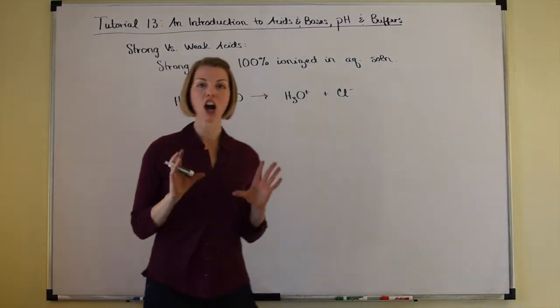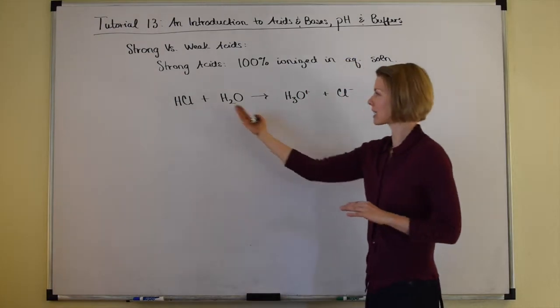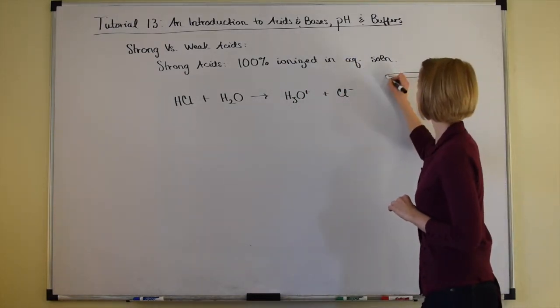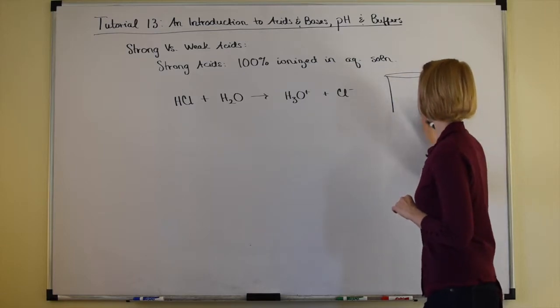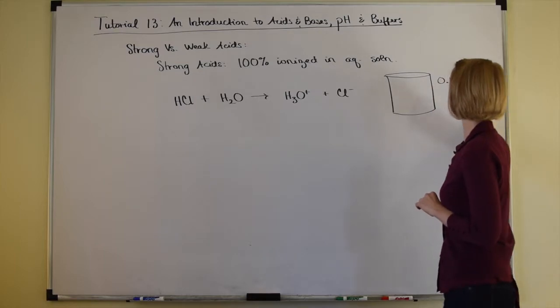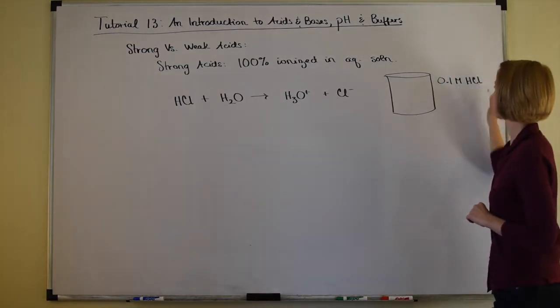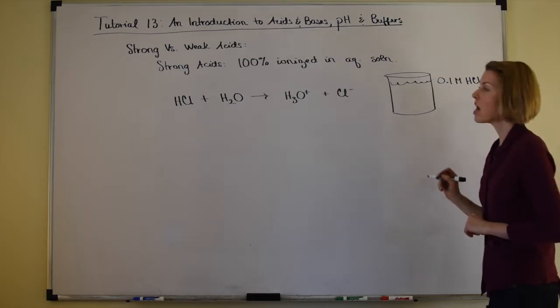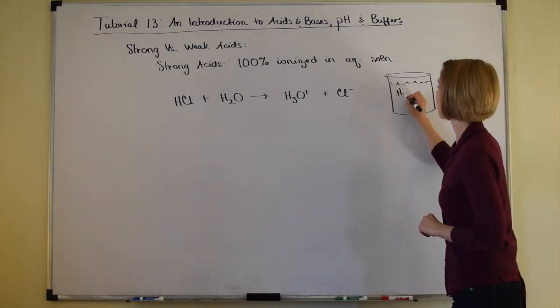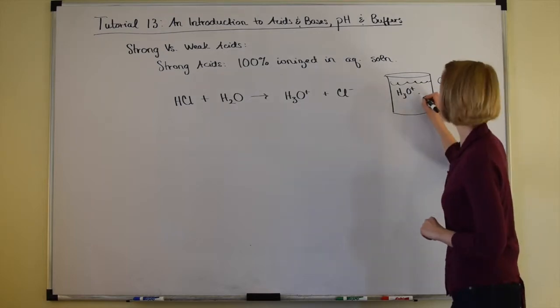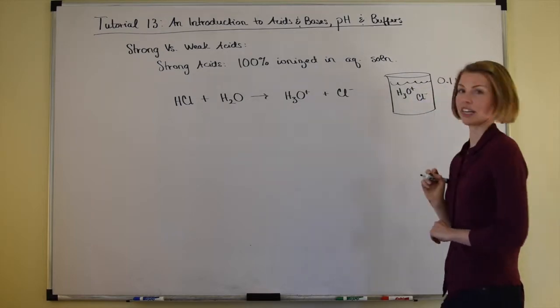Because this is a strong acid, we expect this to be 100%. And so if we have a solution that's labeled 0.1 molar HCl, then we know that in that aqueous solution there is, of course, water because it's aqueous, but there's also hydronium cations and chloride anions.